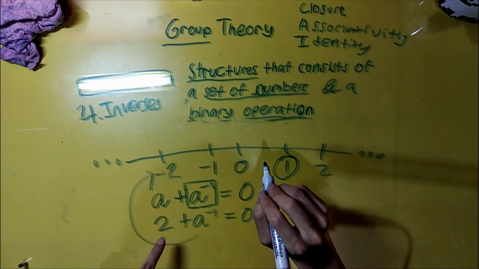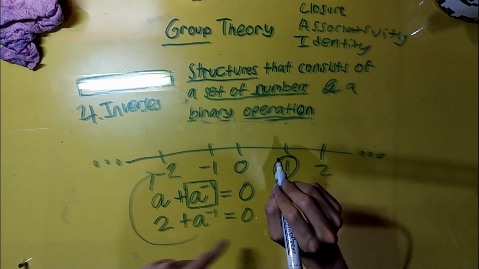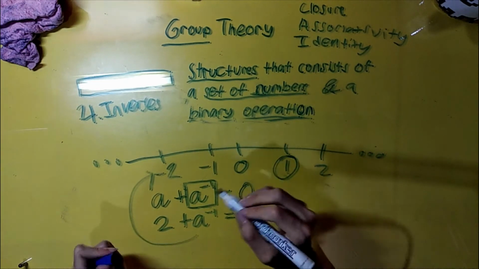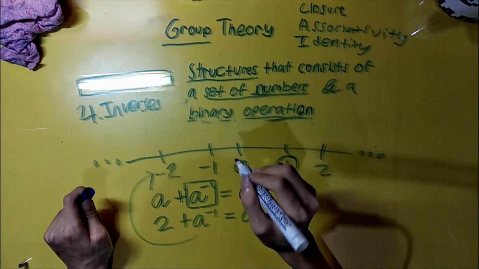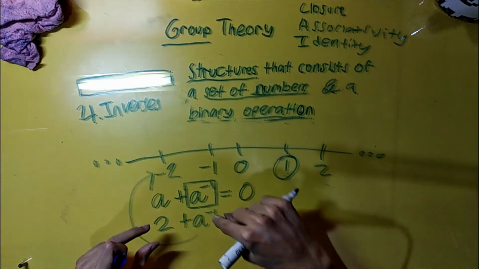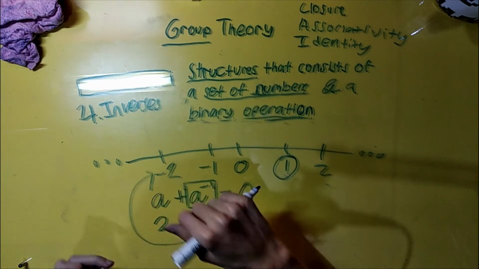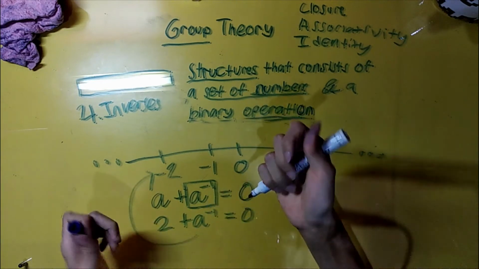Why? If you add 2 with -2, you're definitely going to get 0. You're going to go back to the identity again. And same thing with any number, basically. If you have the number 5, then the inverse exists. It's known as -5. If you have 6, the inverse exists, it's -6.